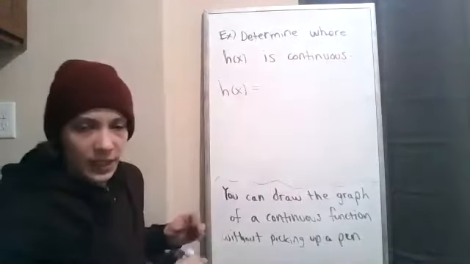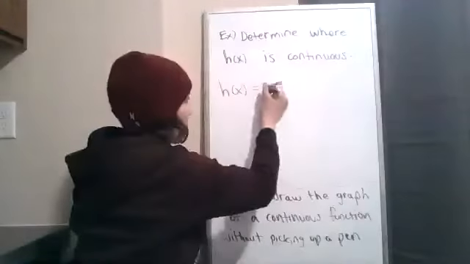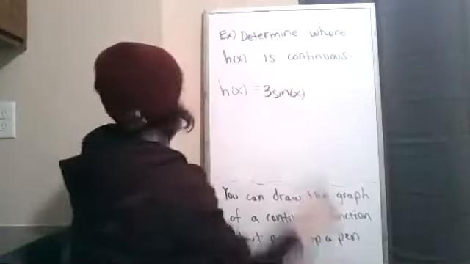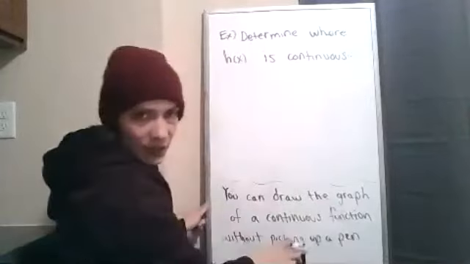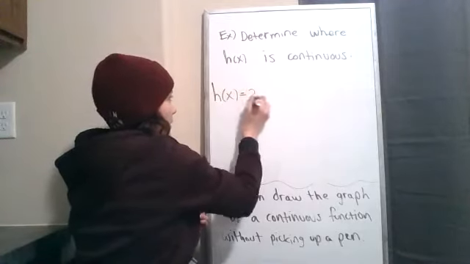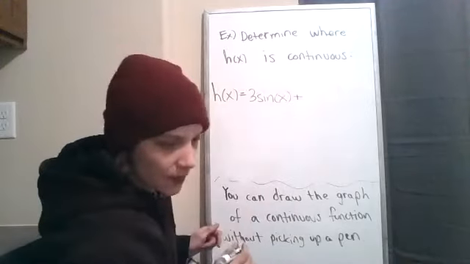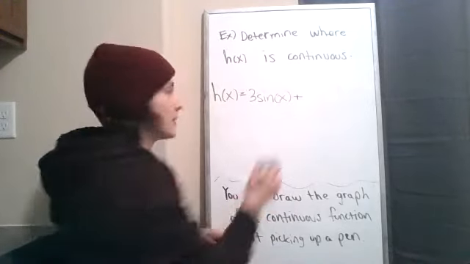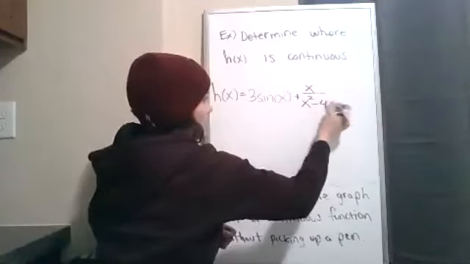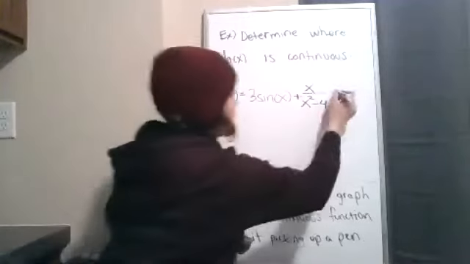Okay, h of x is 3 times the sine of x. Actually, it's a long function, so let's put this here. 3 sine of x plus x over x squared minus 4 plus the root of 49 minus x squared.